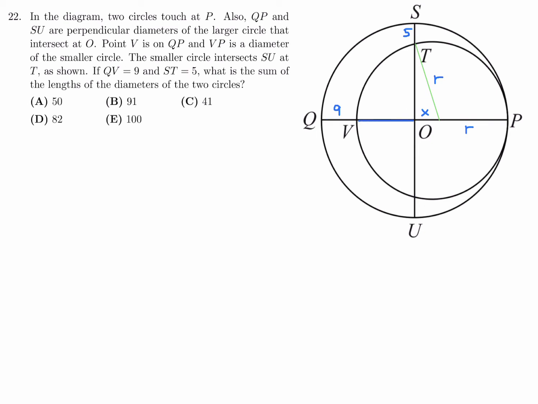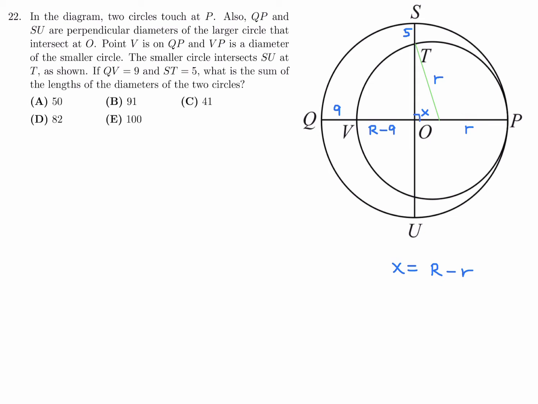So from here to here would be big R minus 9. And then the x, I think x is simply just big R minus small r. So x is really just big R minus small r, like that. All right, so now I think we just have to label this guy, and we have a Pythagorean relationship since this is a right angle.